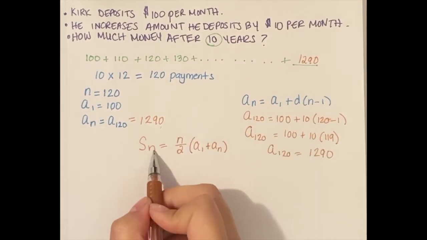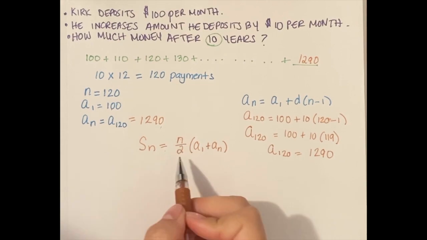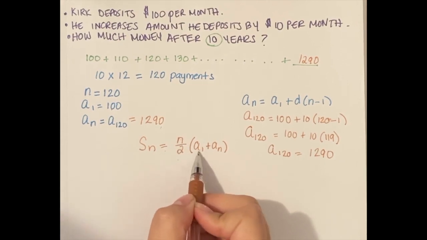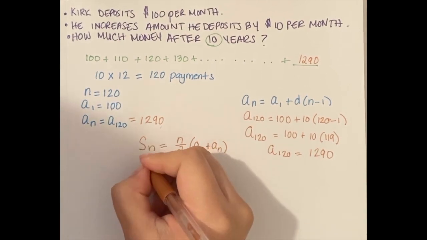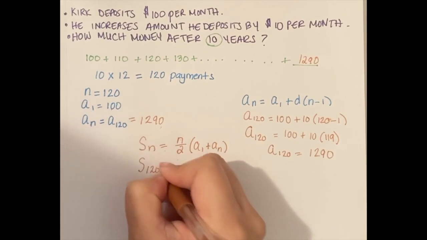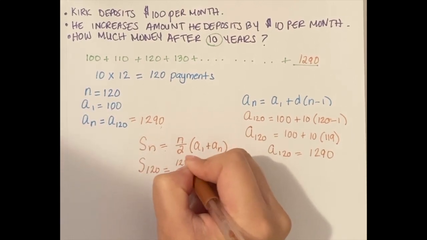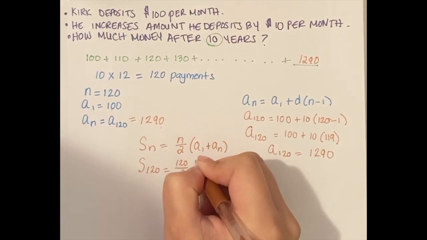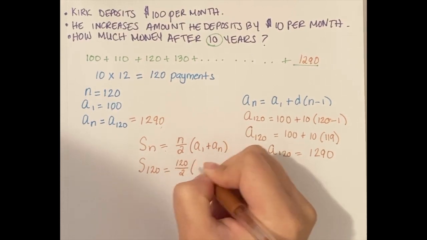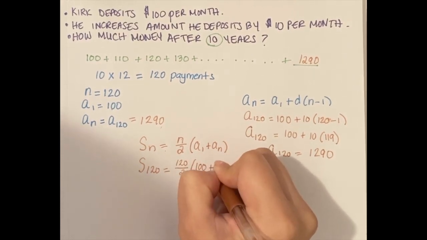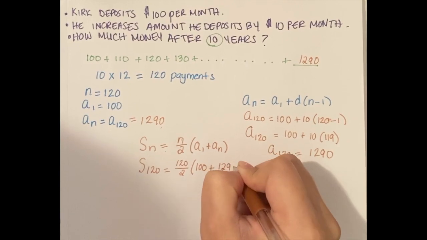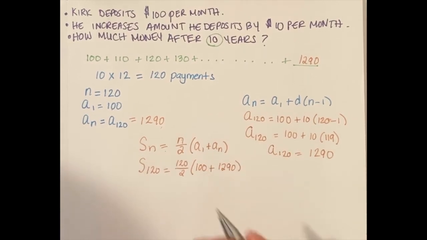The sum of all the terms is equal to the number of terms divided by 2 times the first term plus the last term. The sum of these 120 terms is equal to 120 terms divided by 2 times the first term, 100, plus the last term, 1,290.